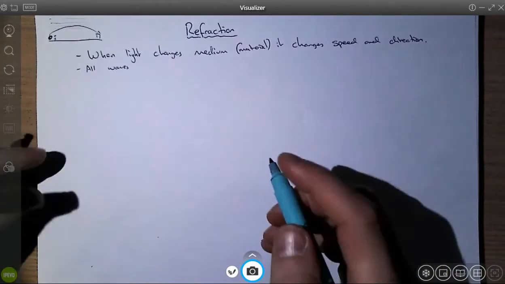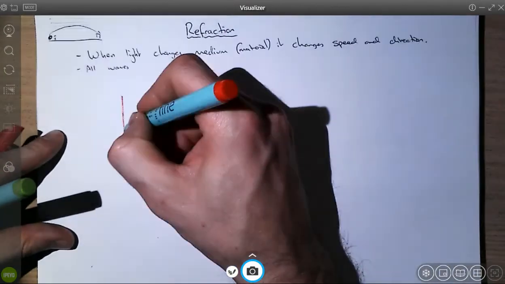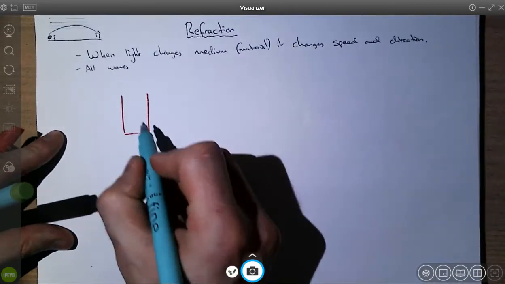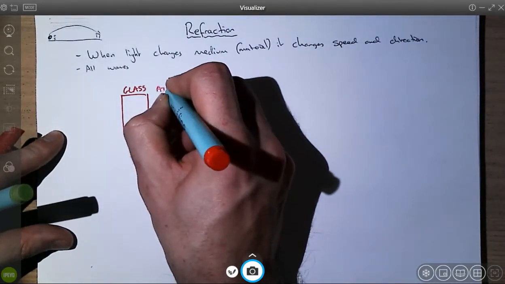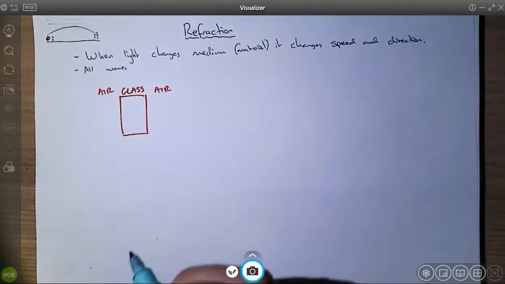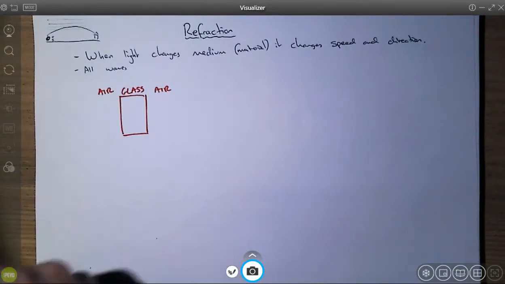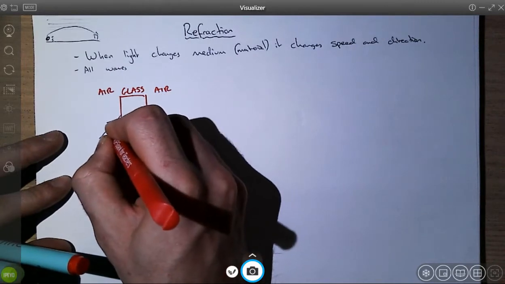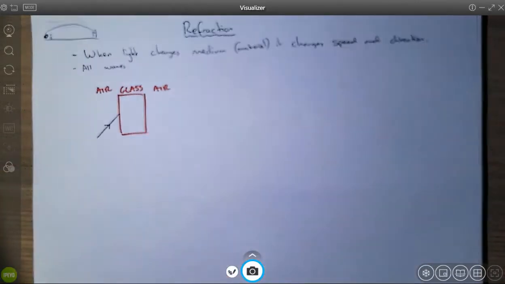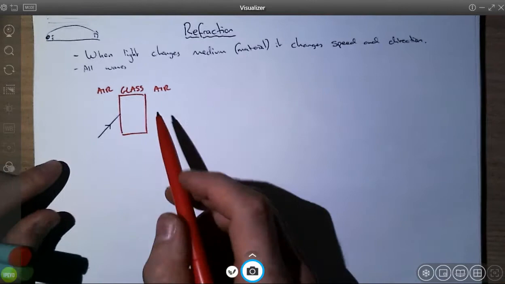So let's look at the most common kind of picture. So we're going to have a glass block, and then there's going to be air on either side. So we will have some light coming in to this glass block, and we want to decide what's going to happen.